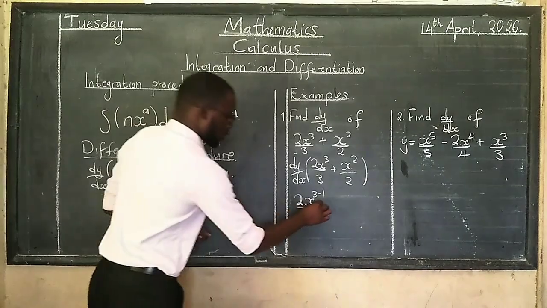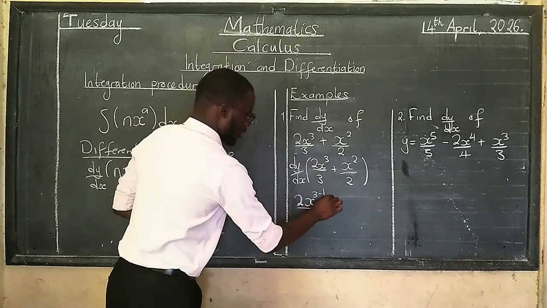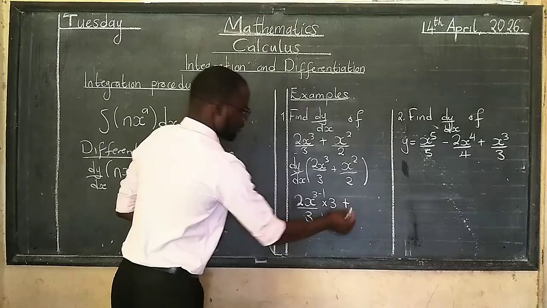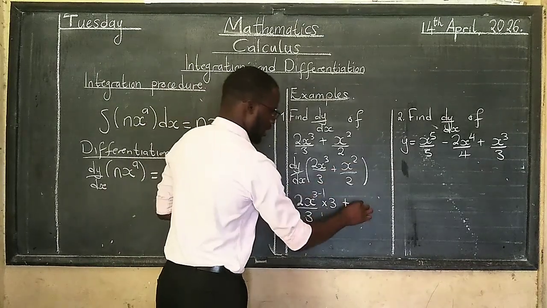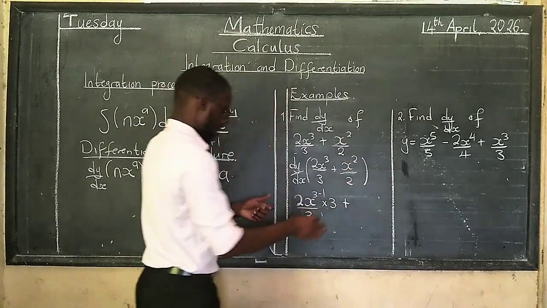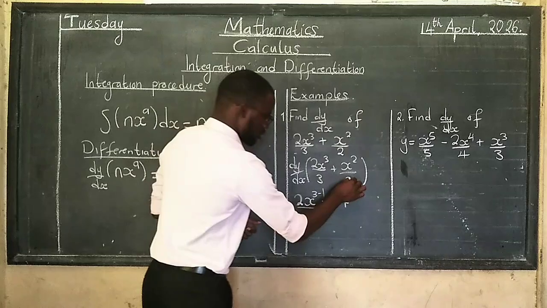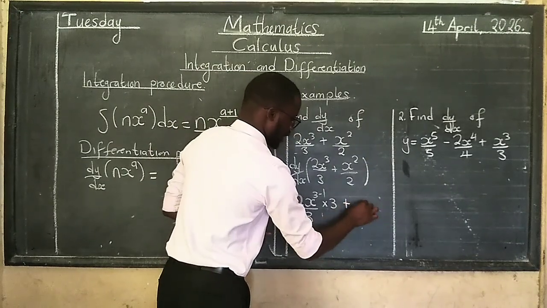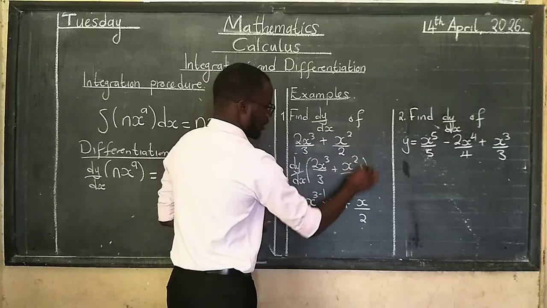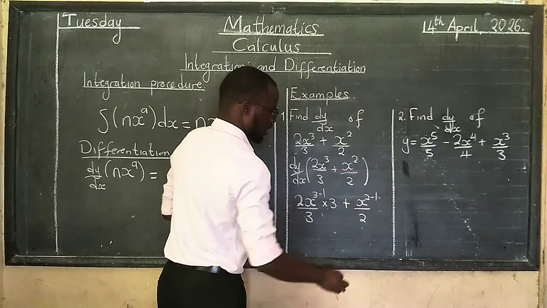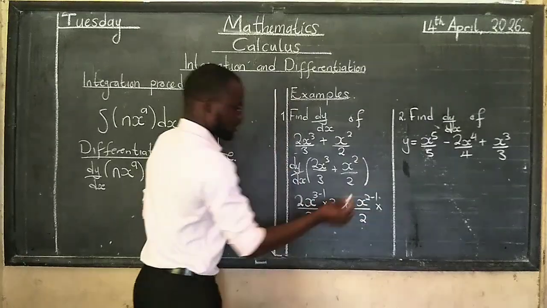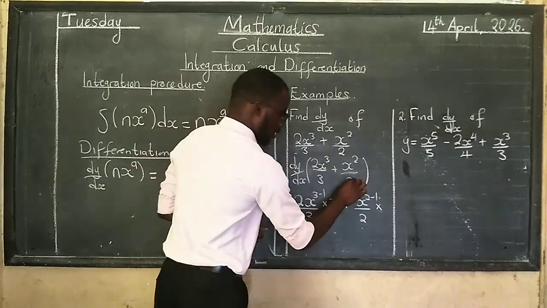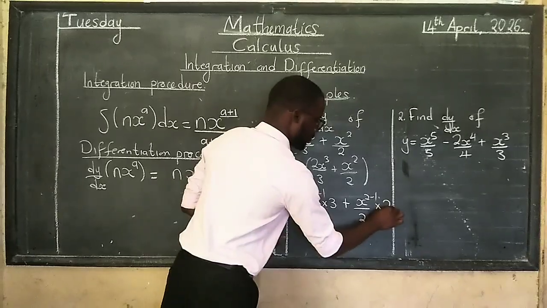Then we are going to multiply by the old power, which is 3, plus here the x, or maybe I'll start with the n. The n is 1 over 2, or just over 2. Then the x as it is. Then the power 2 minus 1. Then I'm going to multiply everything by the old power, which is 2.